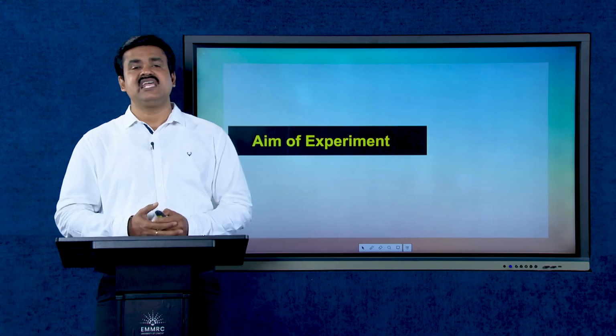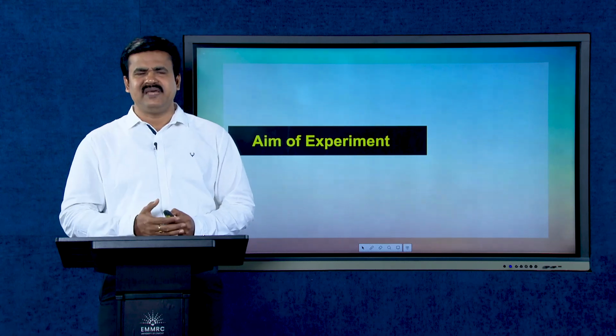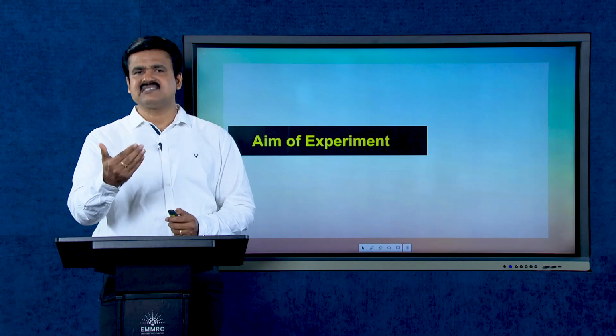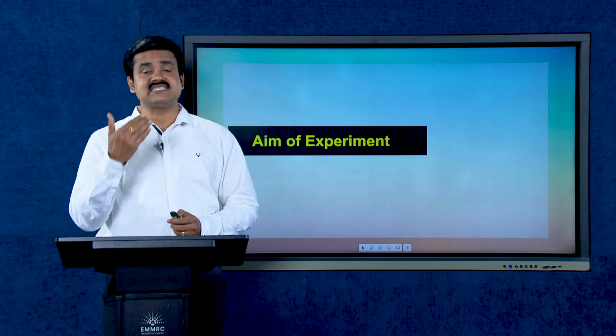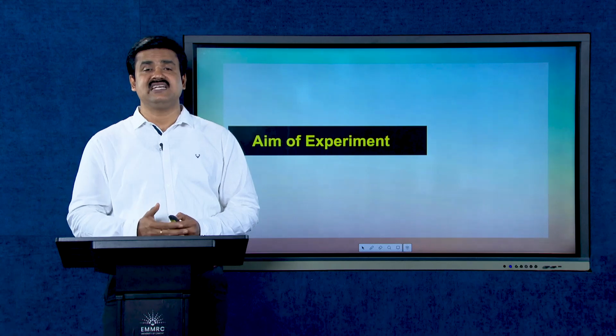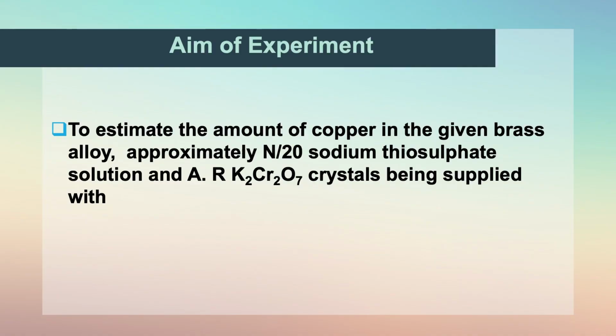Now, the aim of the present experiment. We already mentioned the brass alloy, and brass consists of about 60% of copper, and the aim of the present experiment is the estimation of copper content. That is, the sharp aim of the present experiment is to estimate the amount of copper in the given brass alloy.